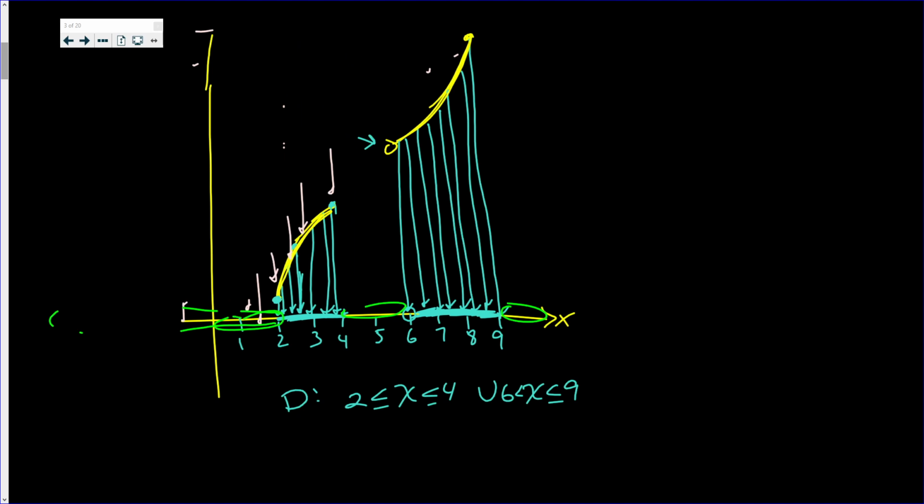This point which is included goes there. This point goes there. This point goes here. This point which is included goes there. So basically, you will get all those values.